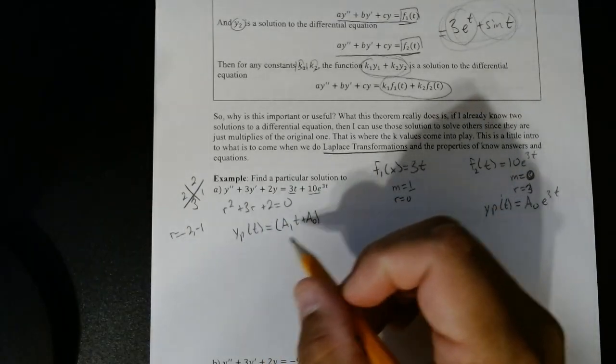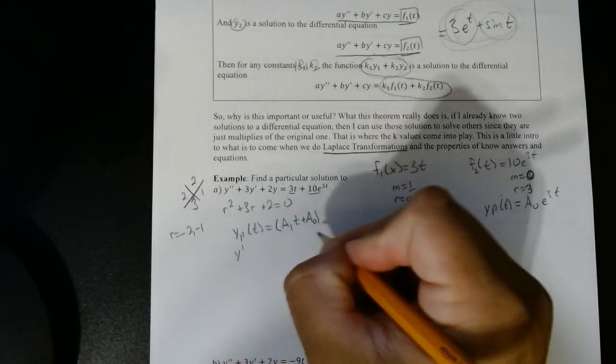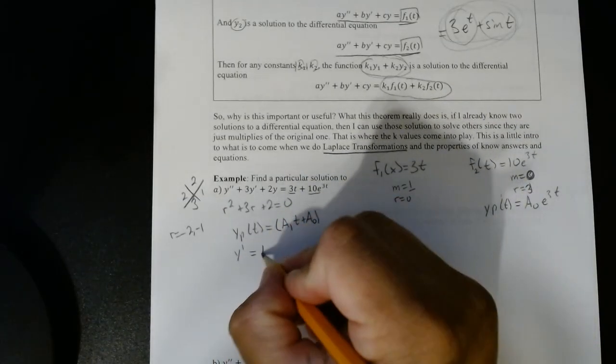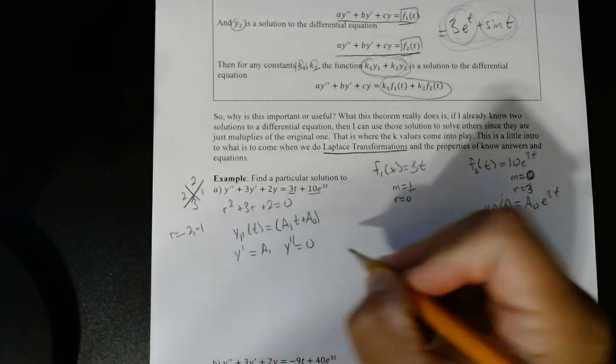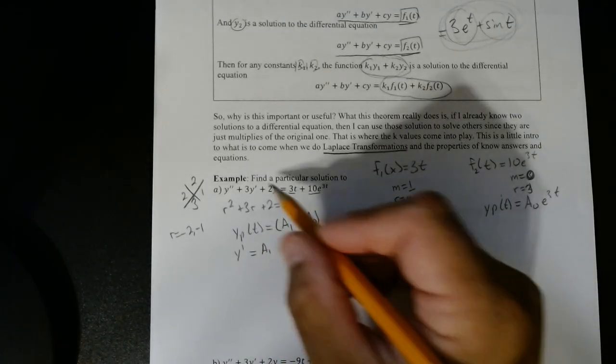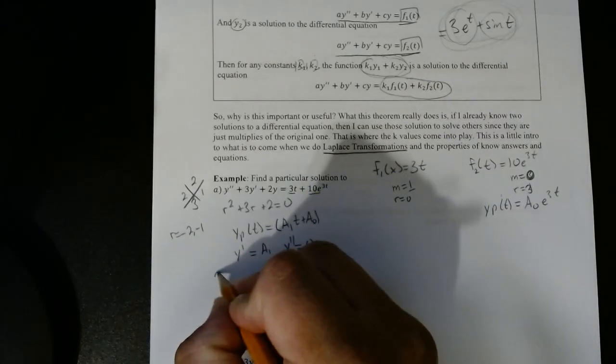Now all we have to do is find our coefficients in front, and we're actually done. In this case, we'll take the derivative of each one. The derivative here will just be a1, and the second derivative is just going to be 0. We plug these three values into our equation, and we end up looking like this.